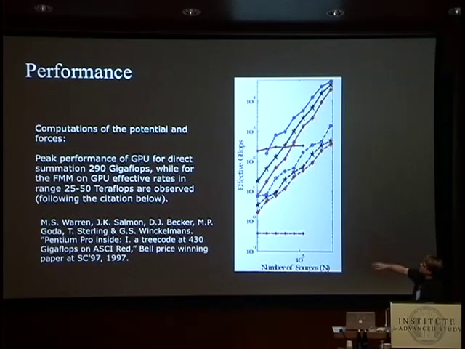And so they get a range of 25 to 50 teraflops effective. What does it mean? It means if you used the old algorithm, a simple order N squared algorithm, and you used a processor that wasn't a GPU, you would have been at probably around 50 gigaflops, and here it's 50 teraflops. So there's factors of 1,000 lying around today.